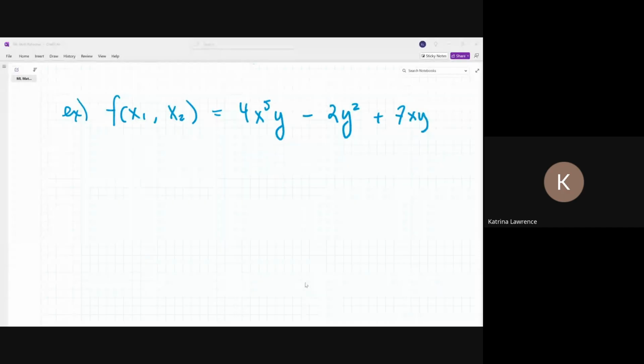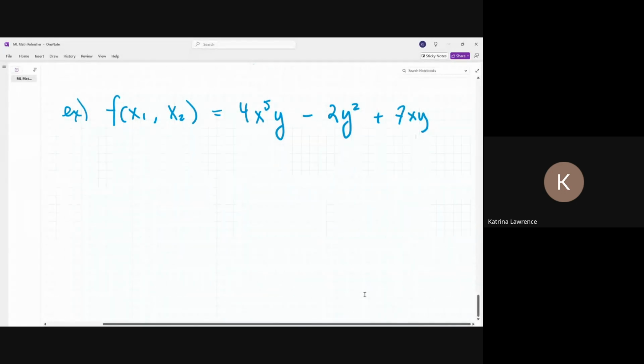Hey everyone, I didn't realize I must have just dropped. I will share my screen again. Sorry about that. Okay, can everyone see the screen again? Yes, perfect. Thank you.